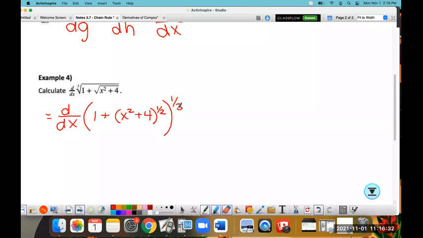There are 3 functions here, an outside, an inner, and then a very inside, or however you want to label it. If you want to do f, g, h instead, that would work. Label those, find the derivatives of those, and then we can actually put it all together.